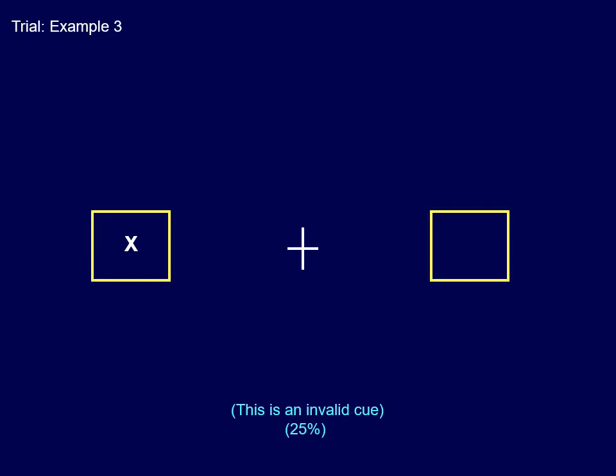And this happened about 25% of the time. So your assumption is to always think that the next one is going to be a valid trial. And so the invalid trial, when it happens 1 out of 4 times, it should be more like a shock to you, rather than something that you're expecting.